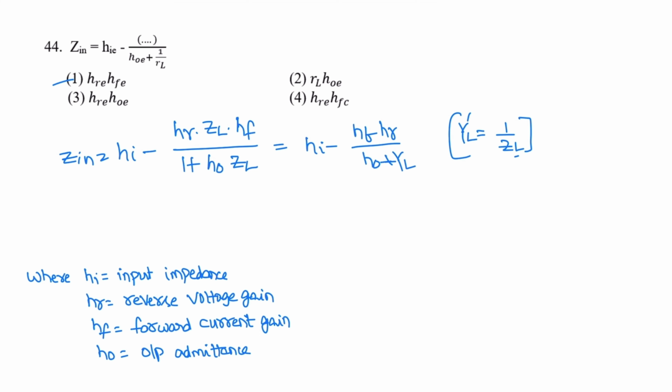ZL is the load impedance and YL is the load admittance. So the input impedance Zi is a function of the load impedance ZL. So the correct option is 1.